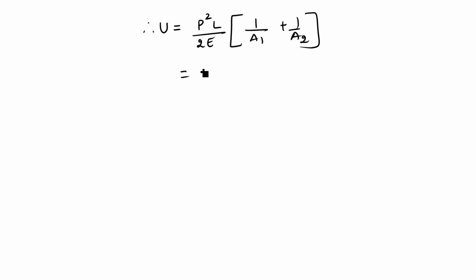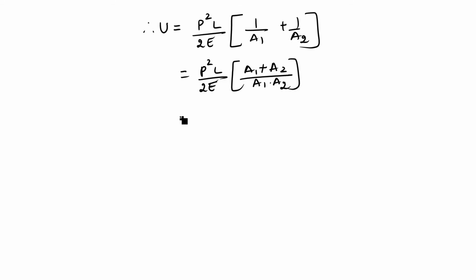So when you solve, therefore U is equal to, I can take P square L upon 2E as common for both the terms. What remains is 1 upon A1 plus 1 upon A2. So this becomes P square L upon 2E into A1 plus A2 divided by A1 into A2.